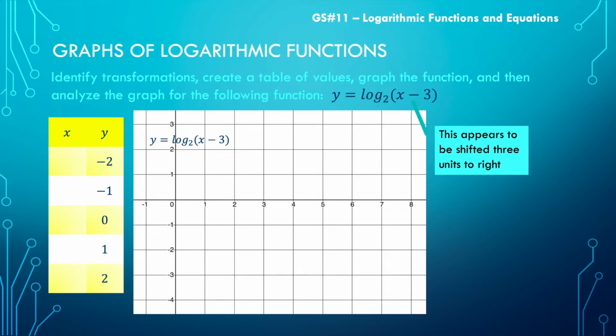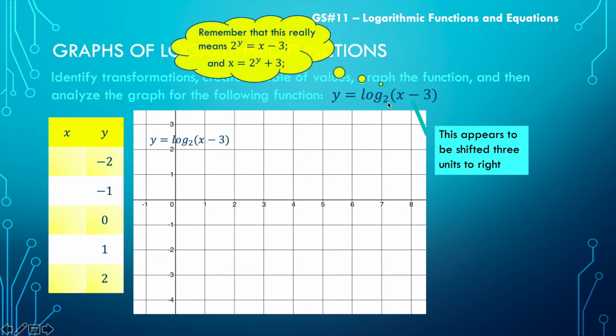Okay, so how do I graph this if I didn't really know how to use a graphing calculator or wasn't allowed to? What you're going to do is rewrite this in exponential form. Let's remember that this is the same thing as 2 raised to the y equals x minus 3.